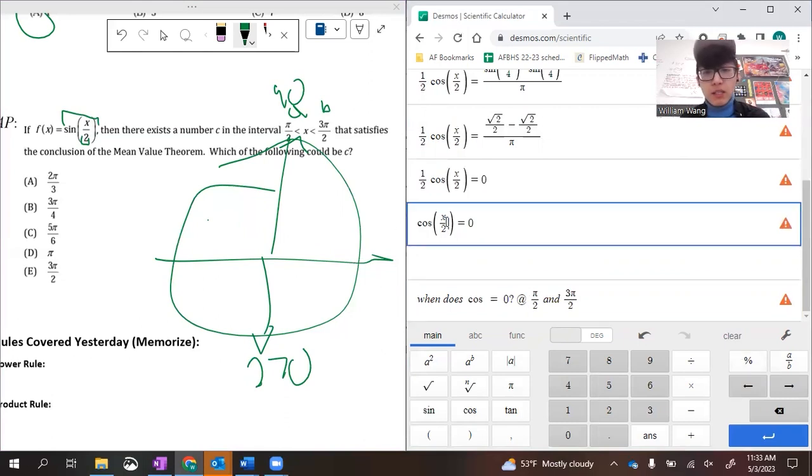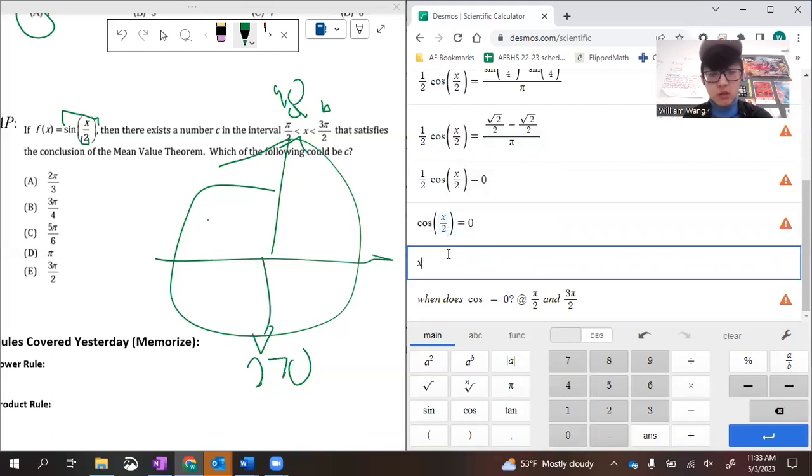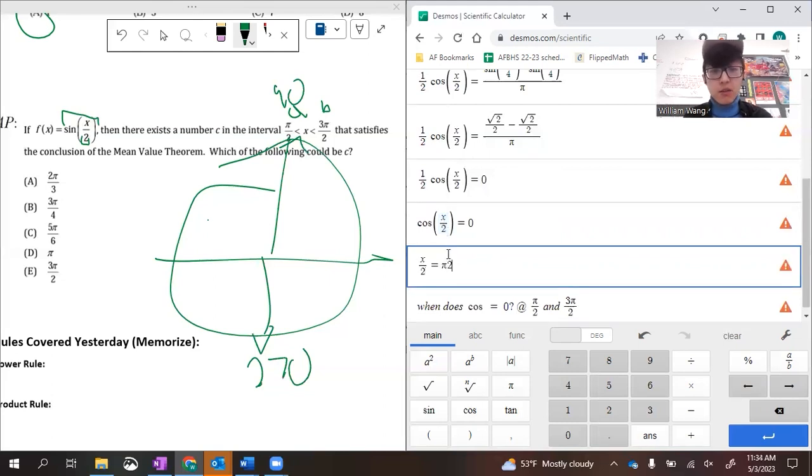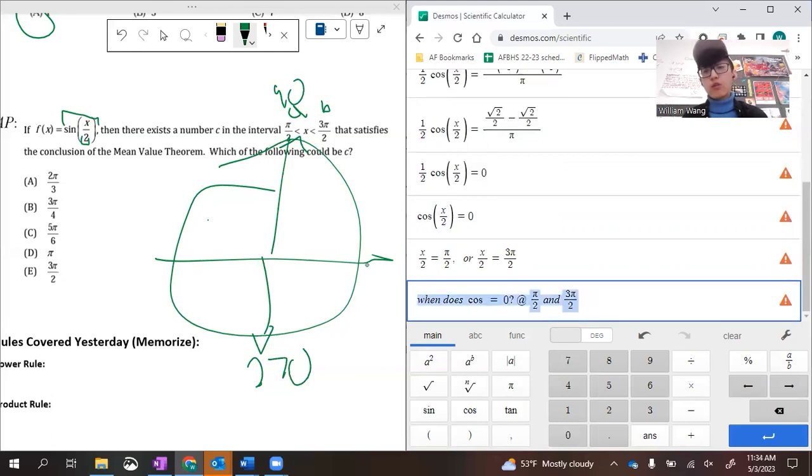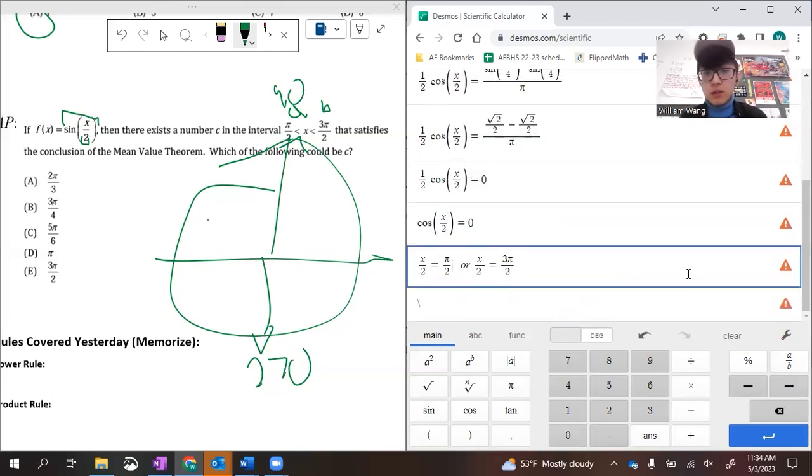All right, so that means in this case, the x over 2 here, this internal angle, x over 2 has to be equal to pi over 2 radians, or x over 2 equals 3 pi over 2 radians, right? Hopefully that makes sense. So there's two possibilities.